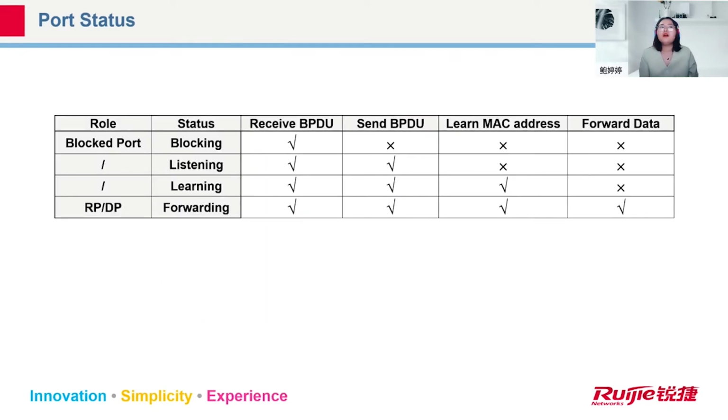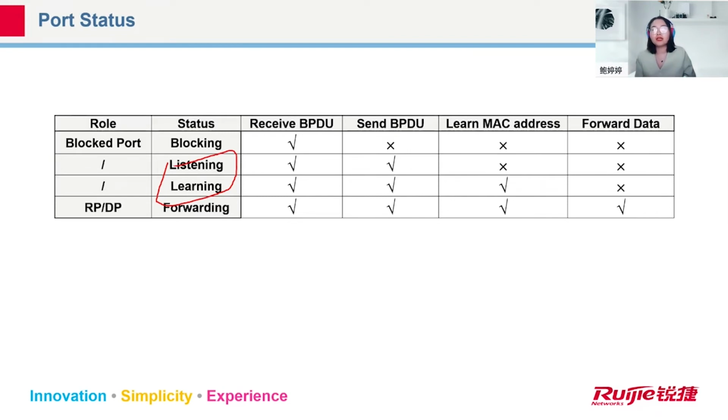About the blocking port, we only keep the state of blocking. In this state, we can only receive BPDUs. We cannot send out BPDUs, we cannot learn MAC addresses, and we cannot forward the traffic. These two states we call intermediate states.